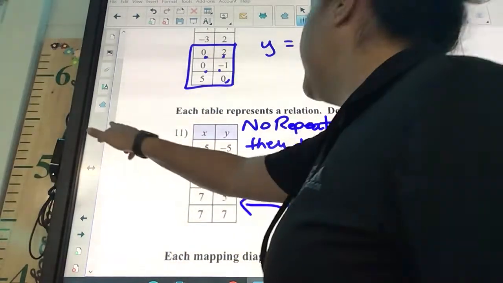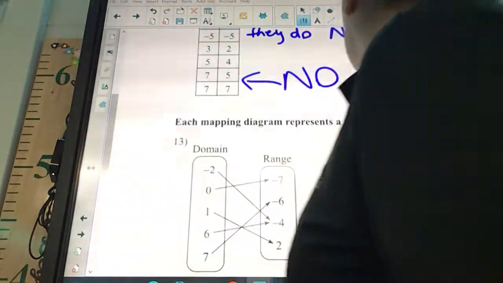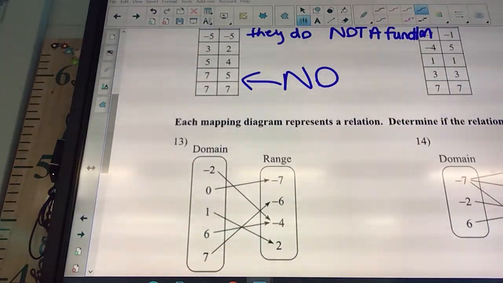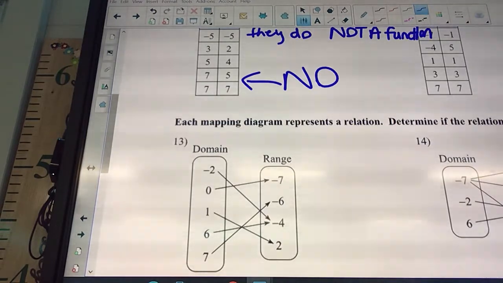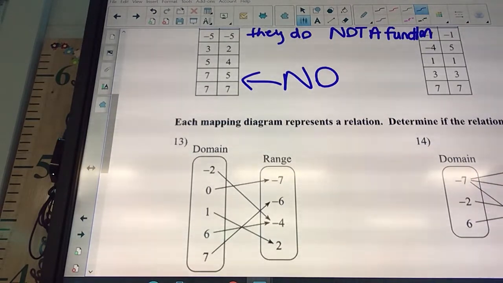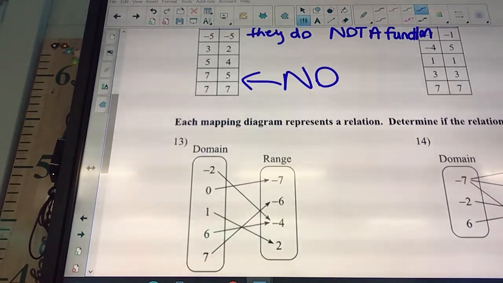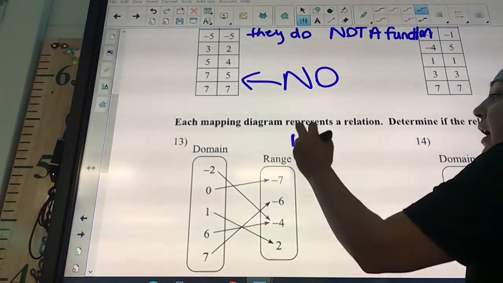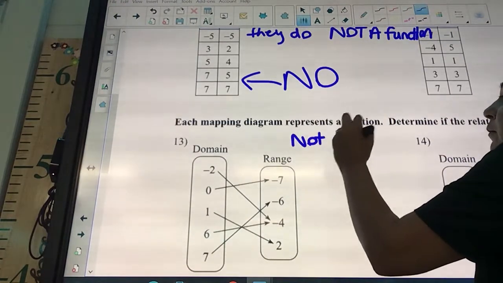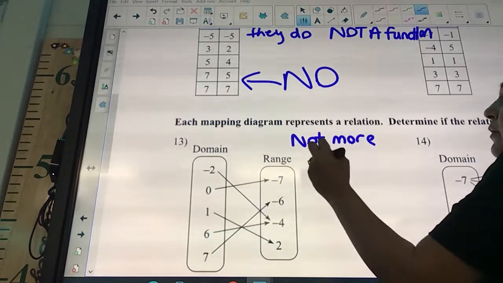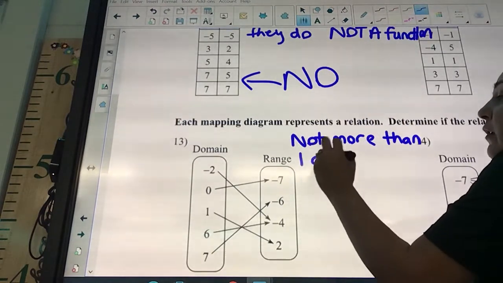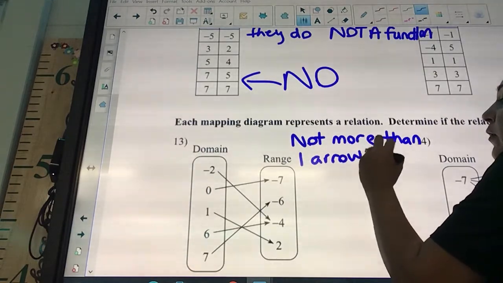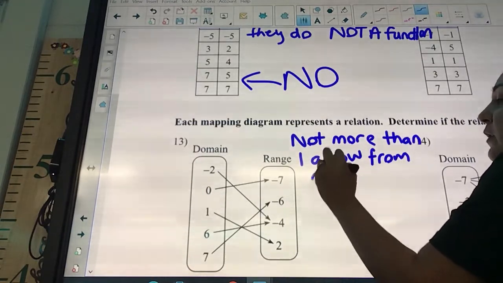Okay, each mapping represents a relation. Determine if it's a function. How can you tell? If the domain numbers don't repeat. But how can you tell if they do repeat? You can't have more than 1 arrow from the domain.